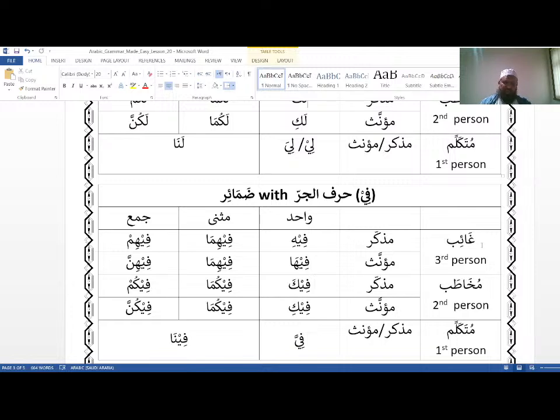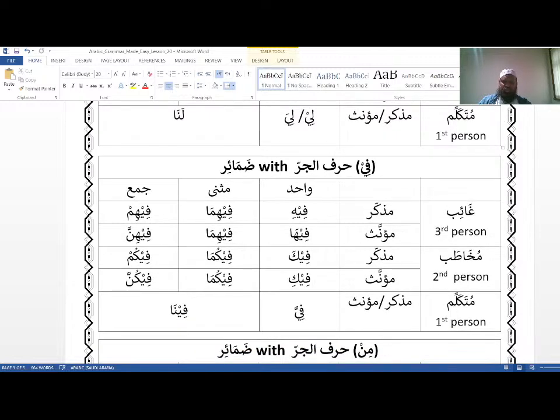Sometimes when we give dua, we say Barakallahu feek. This is it. Barakallahu feek means may Allah bless you. Muannas, fiki, fikuma, fikunna. Mutakallim, mudhakar muannas, fiya, and jama fina.